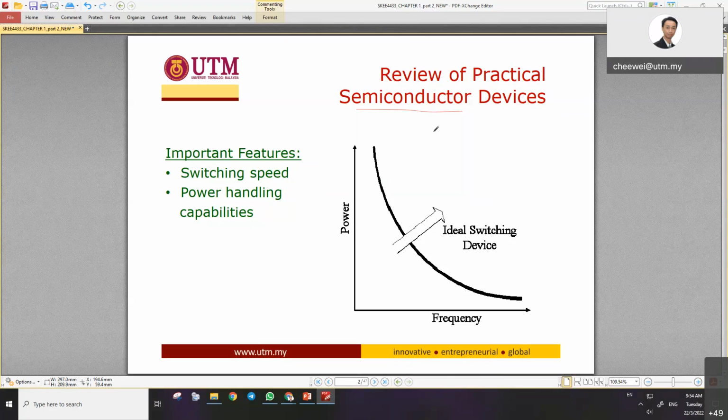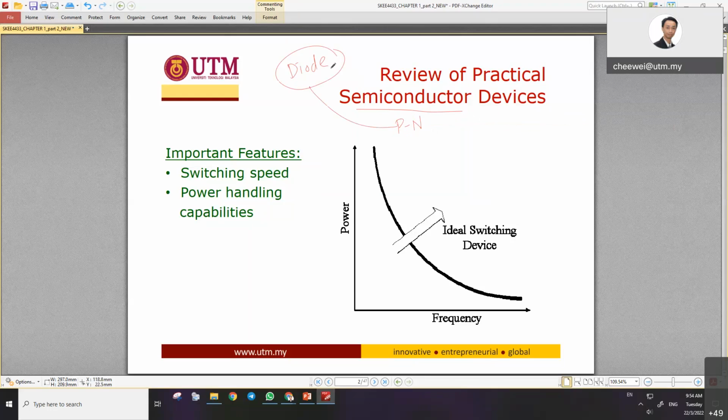But in certain conditions, when it is triggered, it becomes a conductor. So we have the PN junction here. The most common semiconductor device that you learned before is the diode, which is made of a PN junction.